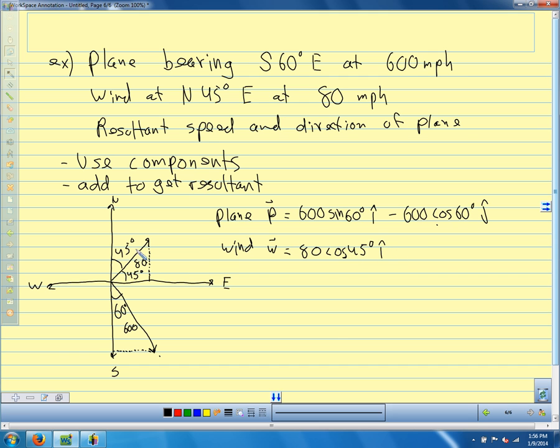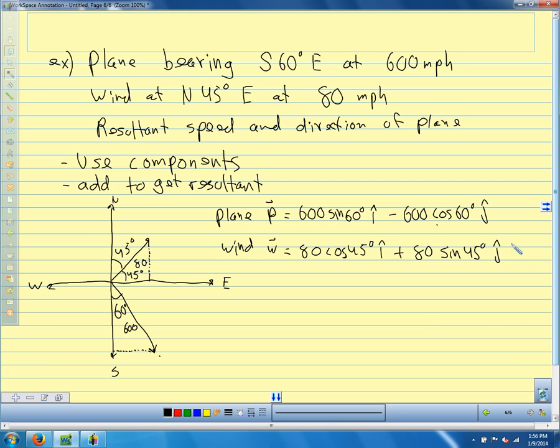And the y, the vertical component, positive or negative here? What is it? Positive? Did you say positive? Yeah? Okay. Plus, and this is going to be given by the sine of the angle. So we get 80 sine 45 degrees J hat. Now we can find our resultant vector.